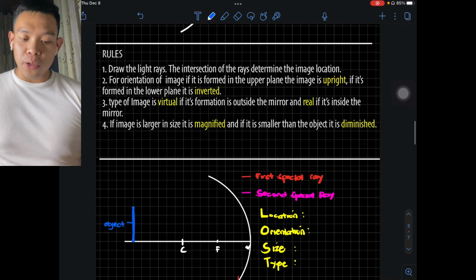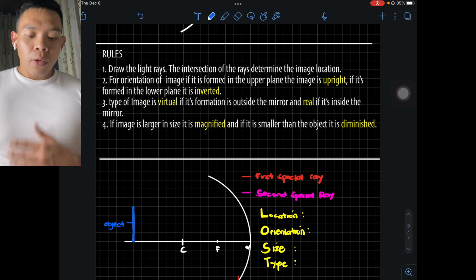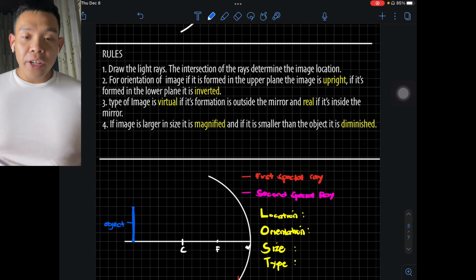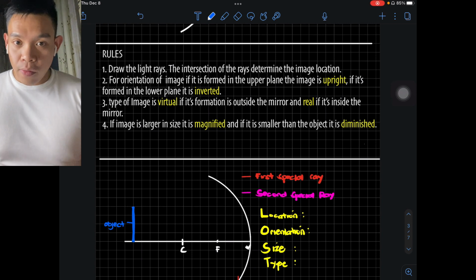Okay, we have rules. First, we need to draw the light rays. The intersection of the rays determines the image location. For orientation of the image, if it is formed in the upper plane, the image is upright. If the image is formed at the lower plane, it is inverted.